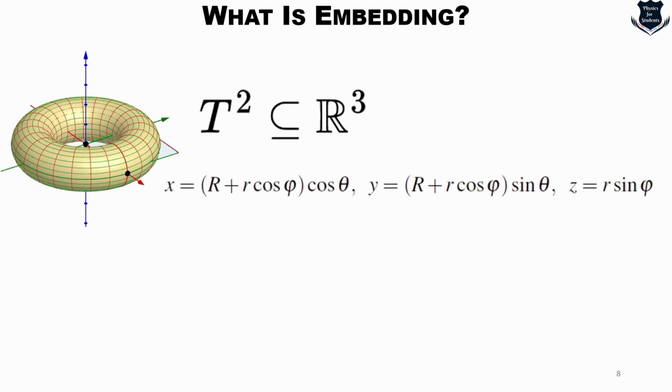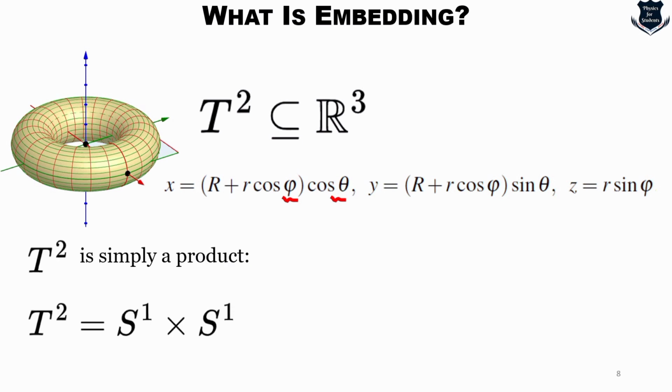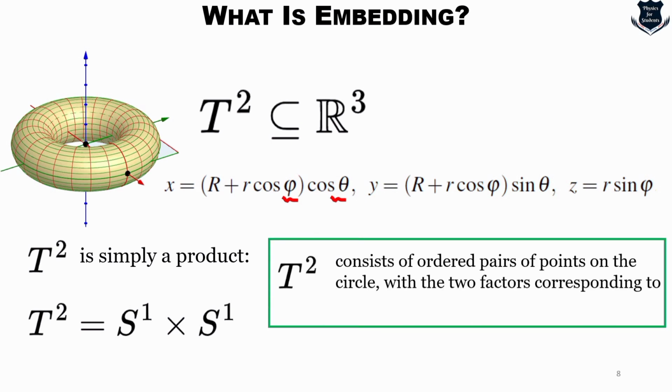But once we introduce this kind of parameterization with polar coordinates, where theta and phi are determined by multiples of 2 pi, we get that this T2 is simply a product of two circles, S1 and S1. That means T2, the torus, consists of ordered pairs of points on the circle, where the two factors are basically theta and phi.